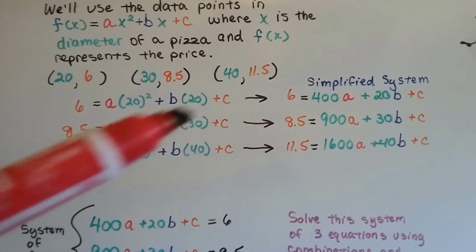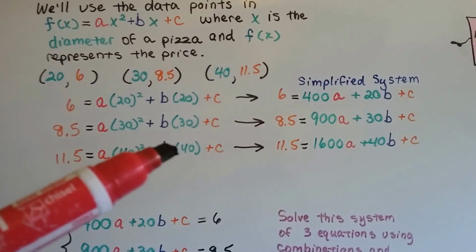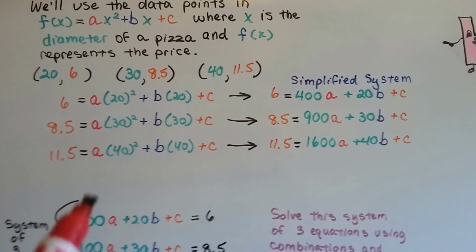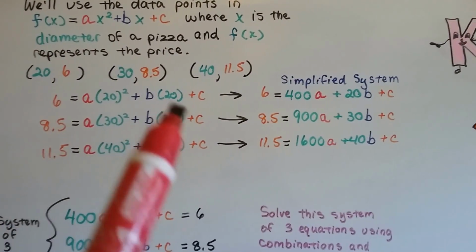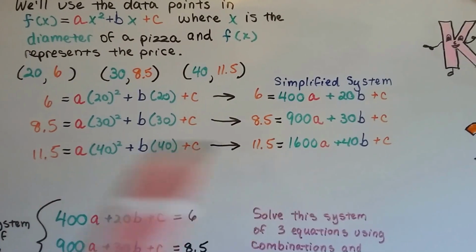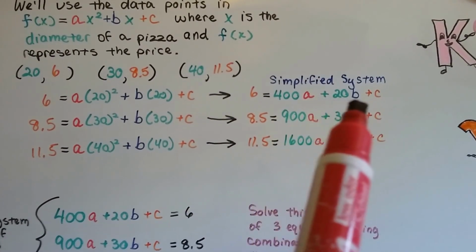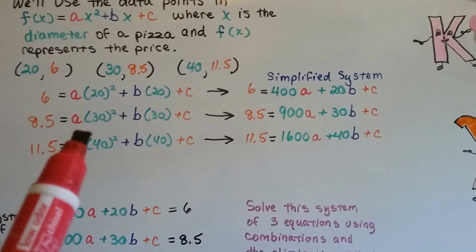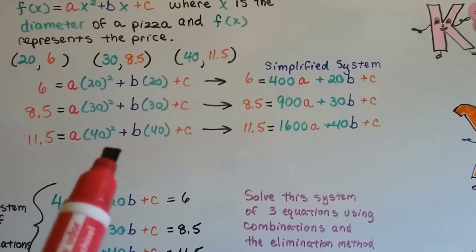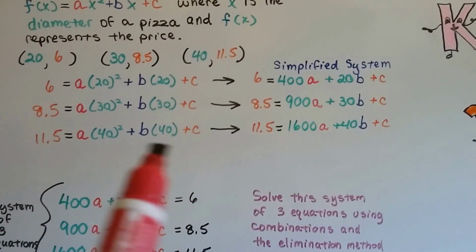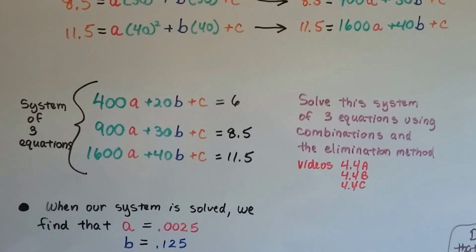And then we can do 11.5 equals a times 40 squared plus b times 40 plus c. When we simplify these and do our squares, we end up with 6 equals 400a plus 20b plus c, and this becomes 900a plus 30b plus c, and this is 1600a plus 40b plus c.